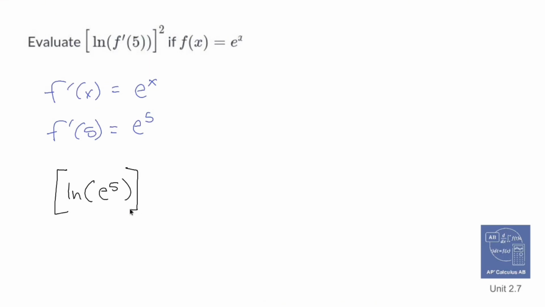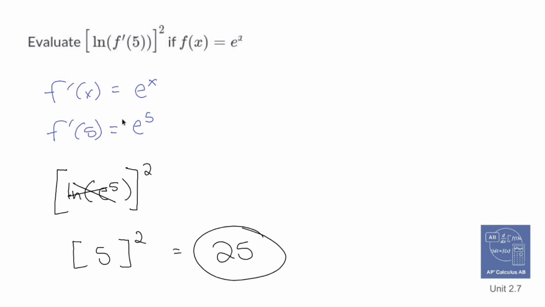And of course, all of that is being squared. The reason why I didn't find out what e to the 5th was is ln of e to the 5th simplifies, and the 5 is all alone by itself. Ln of e to the any number is that number. Ln of e to the x is x. It just cancels out. So I have 5 squared, and 5 squared is 25. So a very bizarre problem.